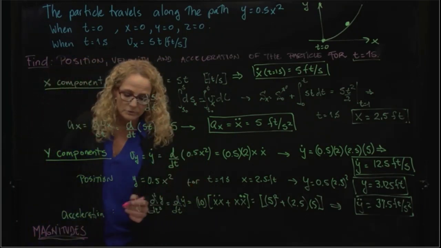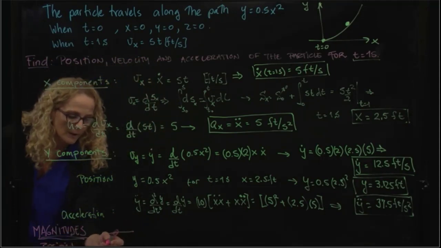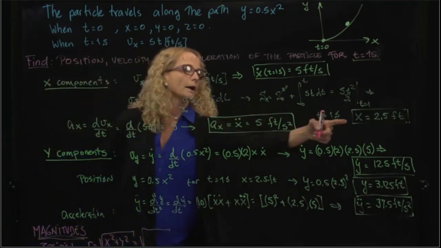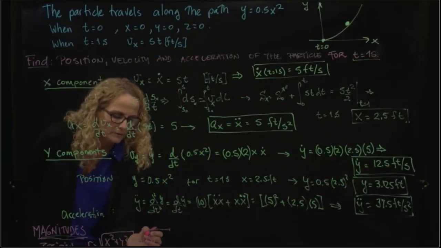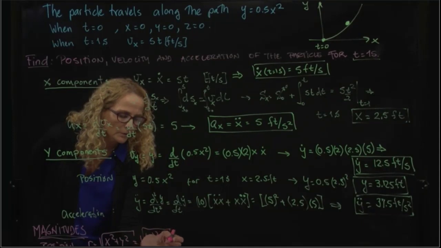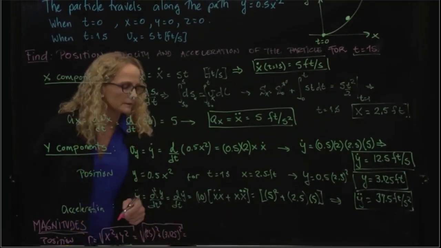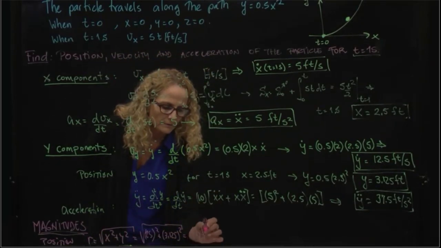For the position, we call it r, which will be the square root of x squared plus y squared, equal to the square root of 2.5 squared plus 3.125 squared. That gives me 4 feet.